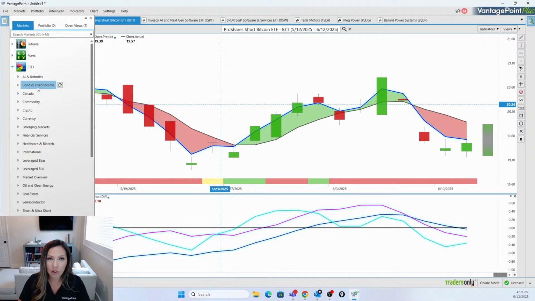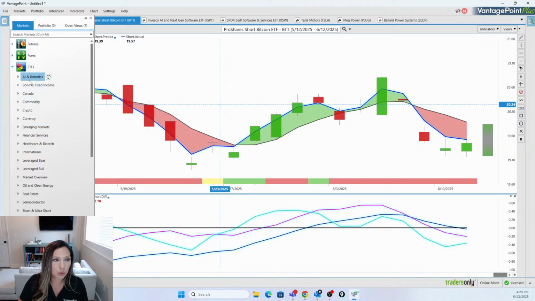So, with all of the advantages that ETFs provide, we really found that we needed to be innovative, right? That's exactly who we are as a company. And so with the new ETFs that are influxing into the market, we wanted to make sure that those were available to our traders as well.